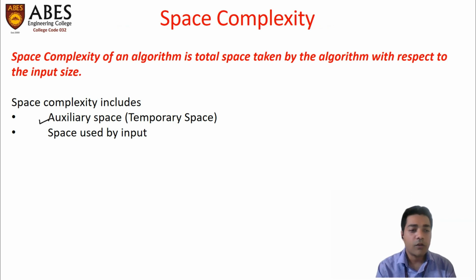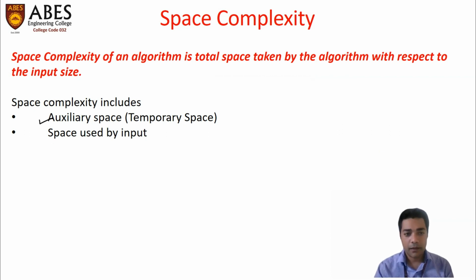There is something called auxiliary space, the temporary space created during the running time of the algorithm or the program. What can be a temporary space? The space which is deleted or not used after the program is executed.